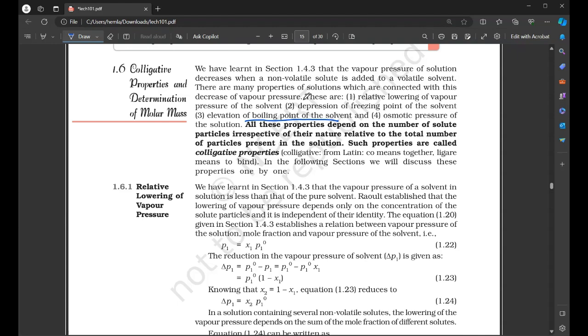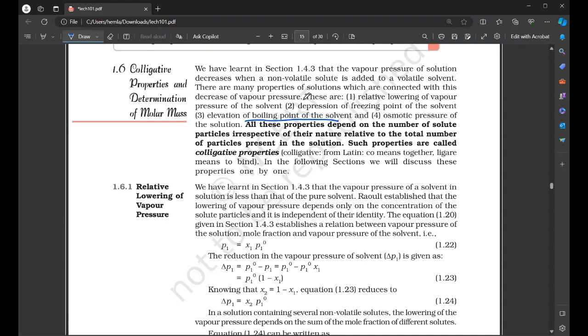Equation 1.20, which I think they mean Raoult's law, given in section 1.4.3, establishes a relation between vapor pressure of the solution, mole fraction and vapor pressure of solvent.